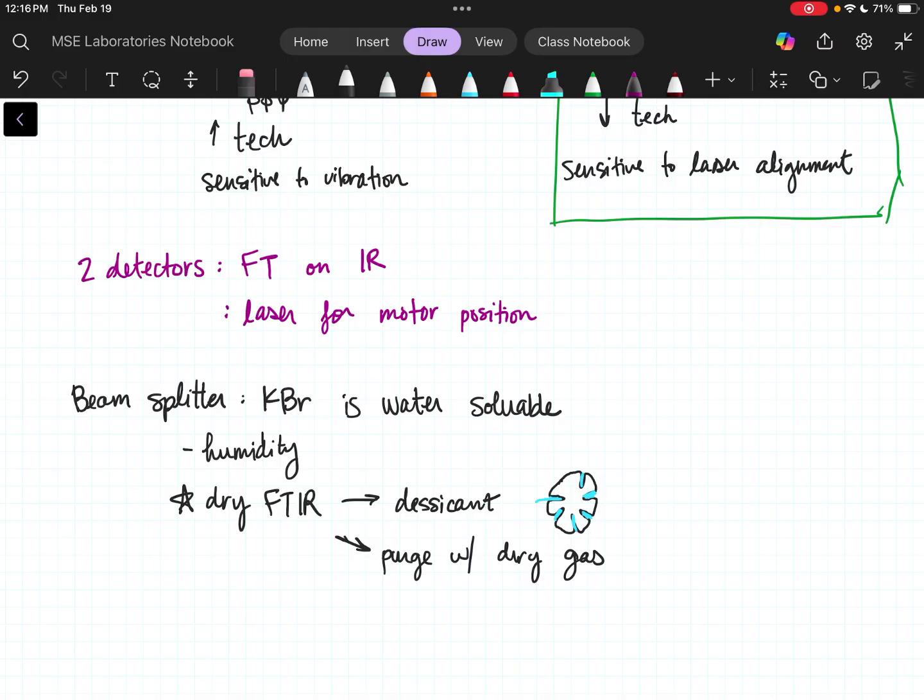It's a drying material. We also will often purge with dry gas. Now, whether that's dry air, where someone has pre-dried the oxygen and nitrogen, or it could be just straight nitrogen. But either way, we're flowing this sort of dry gas over it.